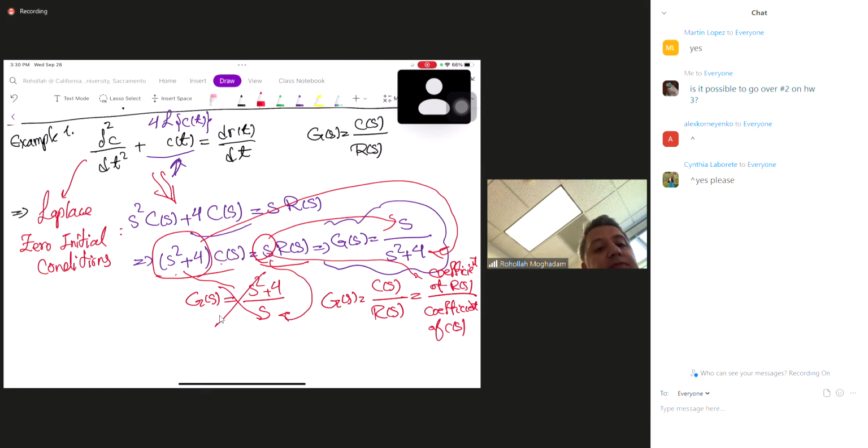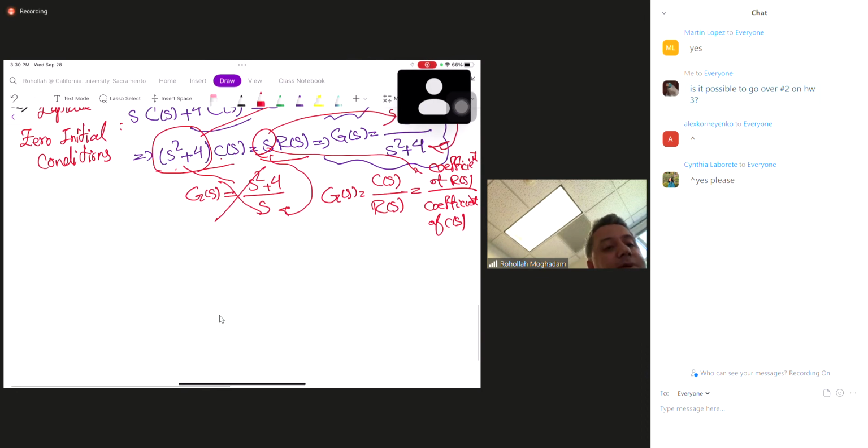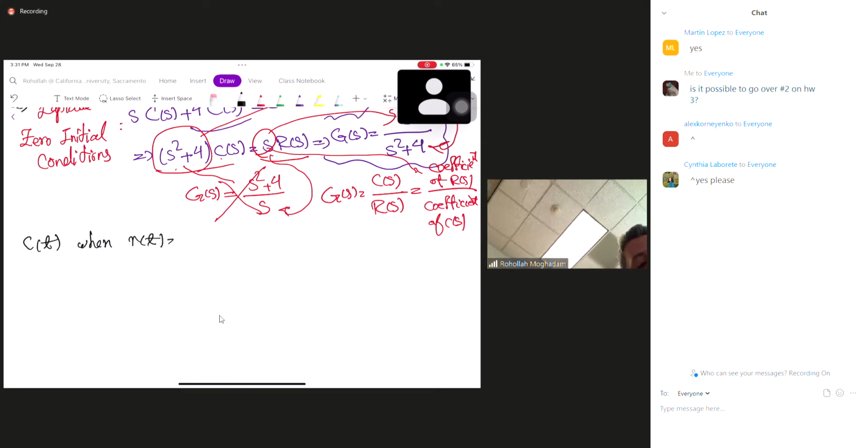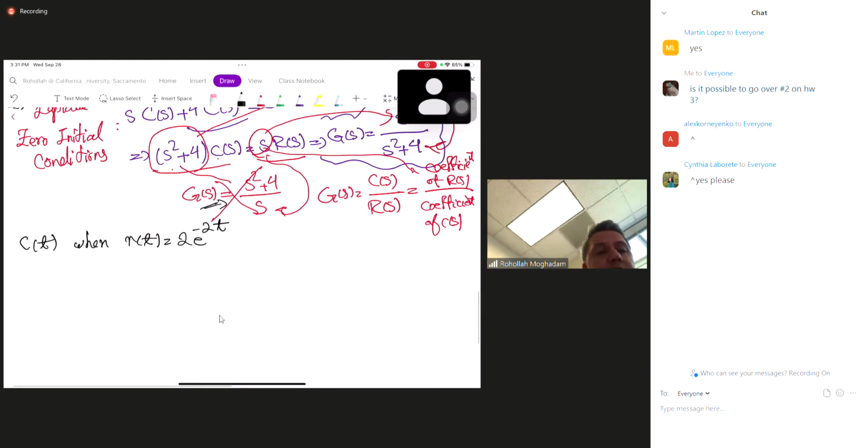I don't want you to miss it, because the next step is to find the output C of t when R of t is 2e to the negative 2t. If you put G of s as the wrong function, you will miss a point for the transfer function, and you will not get the correct answer for the second part.